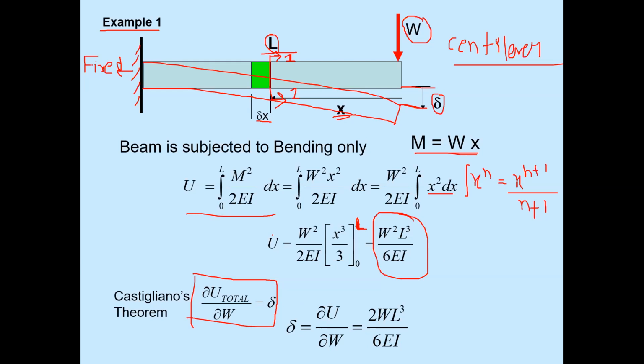If I take the partial derivative of this with respect to W, the applied force, then we will get 2WL cube upon 6EI. So this will become WL cube upon 3EI.